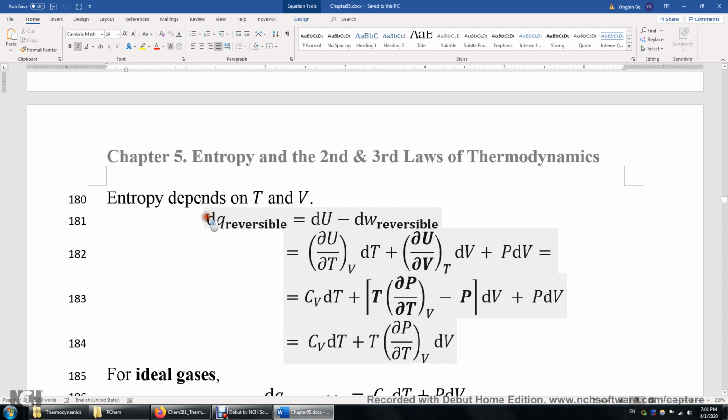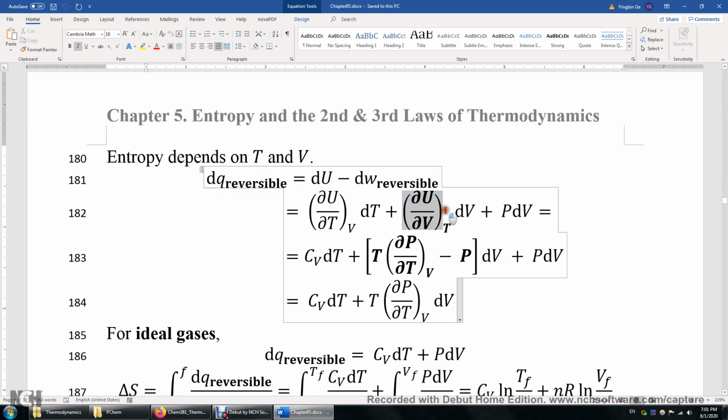So let's derive this equation for dq reversible. It's du minus dw, reversible. And over here, this is negative PdV. And du can be expanded as partial u over partial T times dT, plus partial u over partial V times dV. Minus negative PdV is plus PdV.